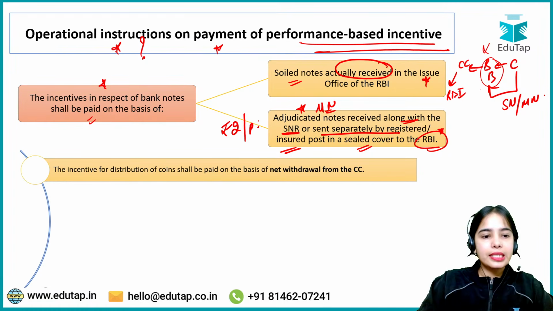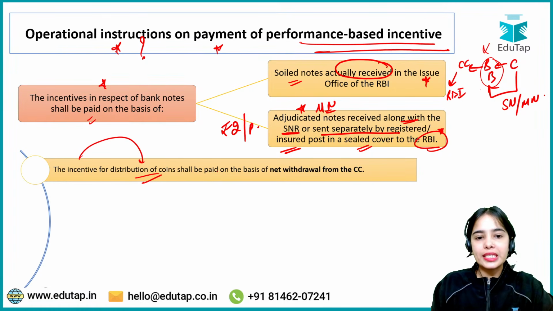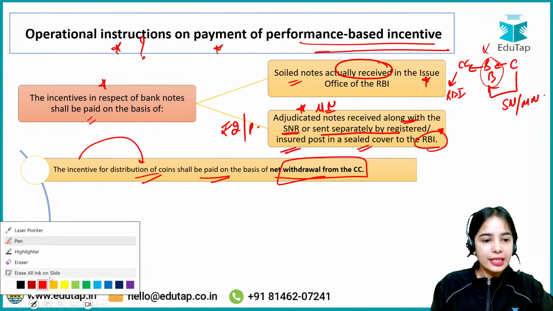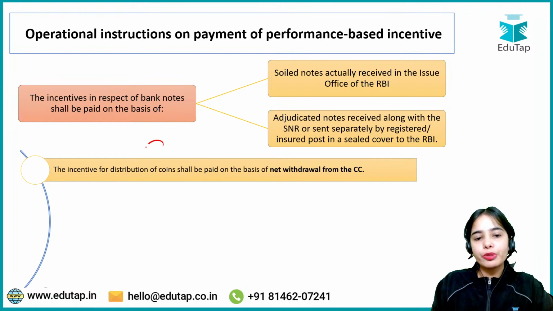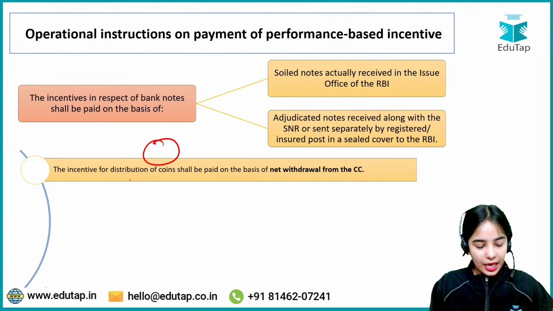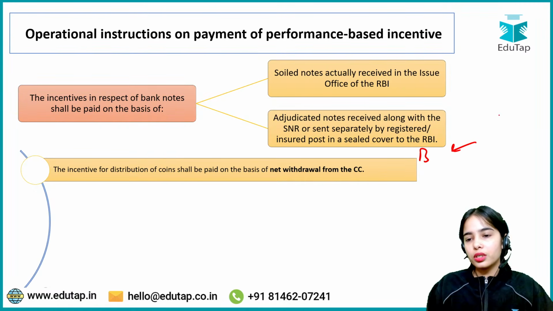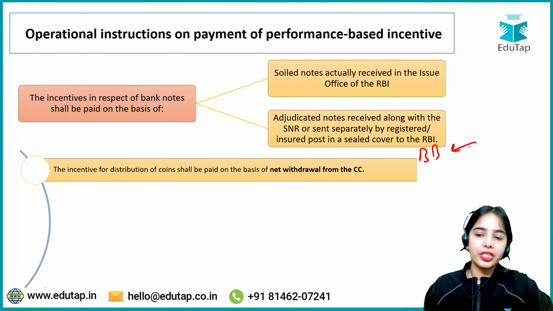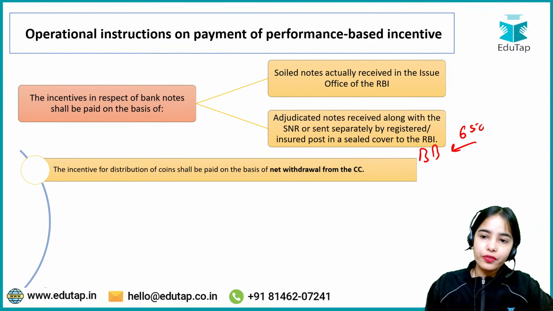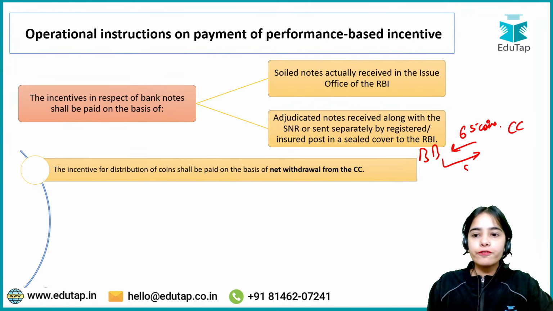Okay. Next, the incentive for distribution of coins shall be paid on the basis of net withdrawal from the currency chest. The idea is that for the distribution of coins, let's say a bank branch has taken 65 coins from the currency chest, but the bank branch has also deposited 55 coins with the currency chest.